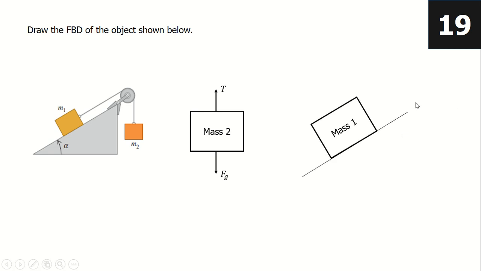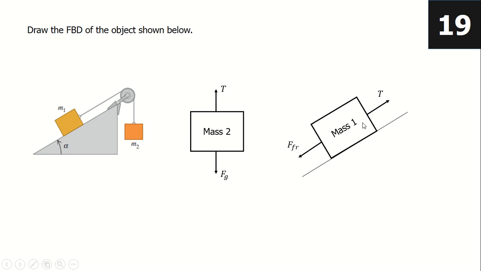Okay, mass 1 is on an incline or on a ramp. Of course, there is also a tension force, the same tension force as in mass 2, since it is the same string connecting the two of them, right? Let us say that mass 2 is accelerating downward, and it is pulling mass 1 upwards.